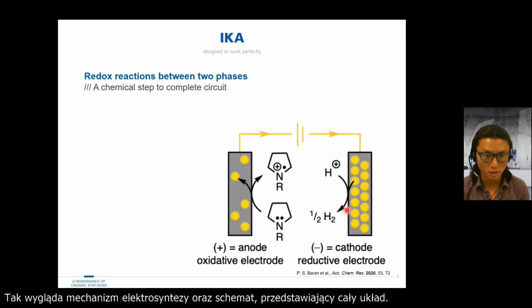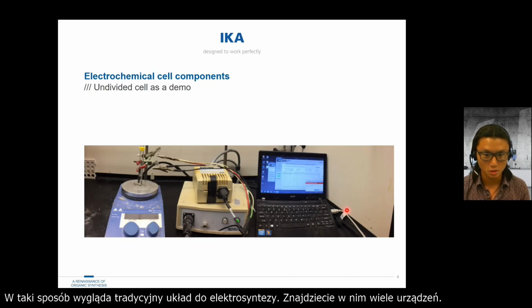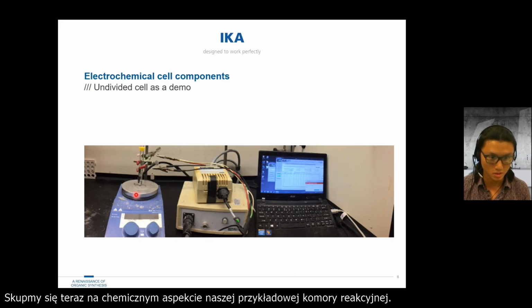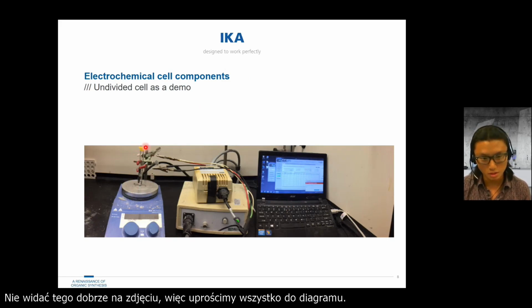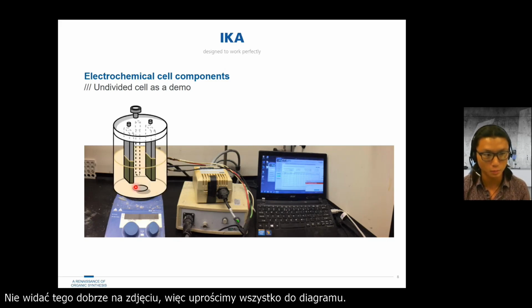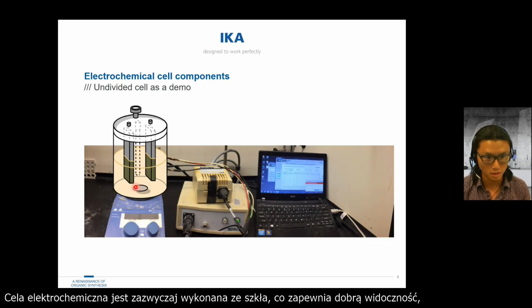And how do we substantiate the concept? What does the setup look like? So traditionally, this is what your reaction looks like. You have a lot of equipment, and let's focus on the chemistry part in this test tube. The resolution is not very clear, so let's simplify the concept and bring it into a diagram.